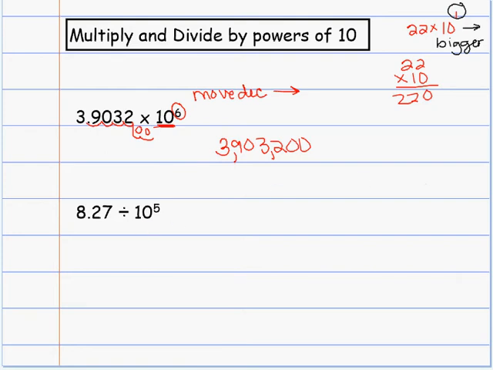Okay, now dividing by powers of 10. If I were to take the number 4,000 and divide it by 100, I would get the number 40. Okay, so 4,000 divided by 10 to the second power gets me 40.